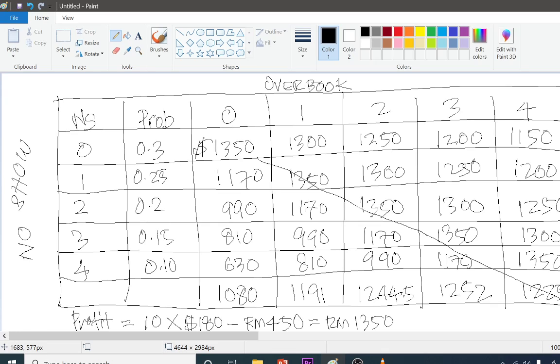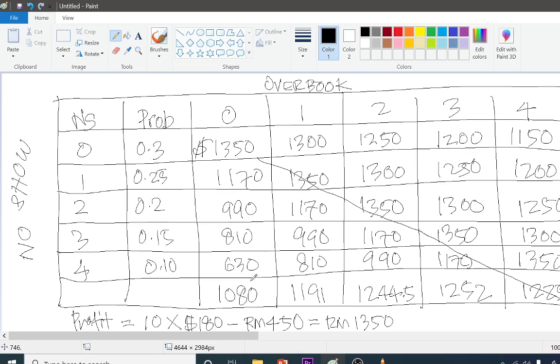125. So now the question is, what is the best overbooking level possible for this Ryanair flight? So again, you take a look at the profit possibility that can be incurred.